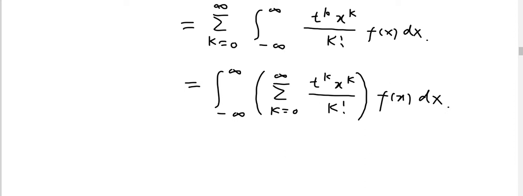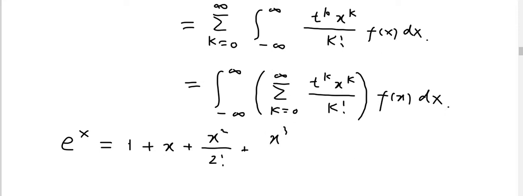So let's review what e^x is. We say e^x just equals 1 plus x plus x squared over 2 factorial plus x cubed over 3 factorial. So in general, e^x is the sum of x^k over k factorial. So this is e^x.